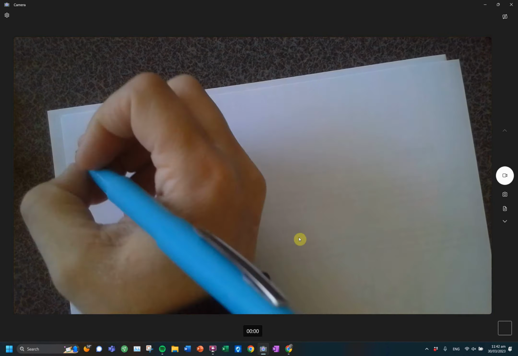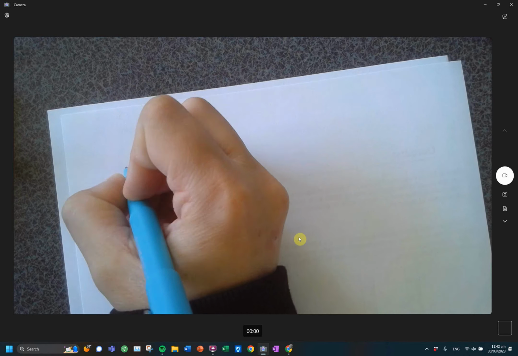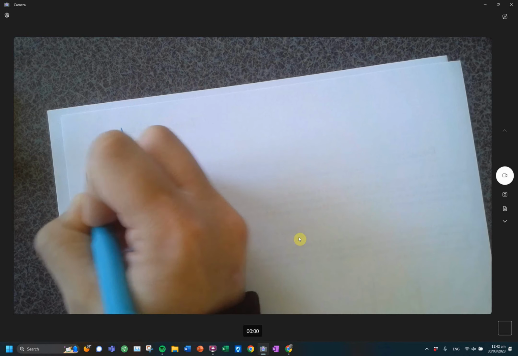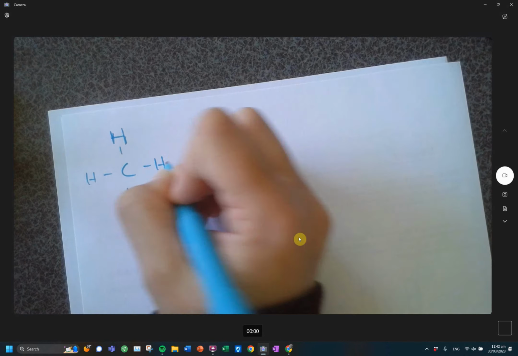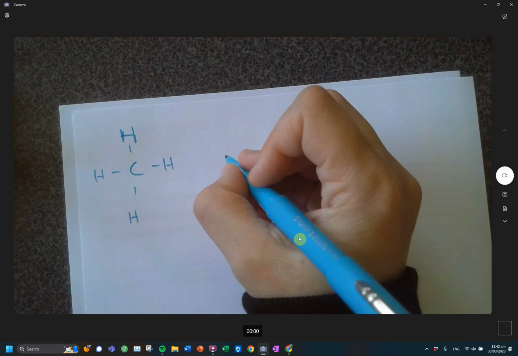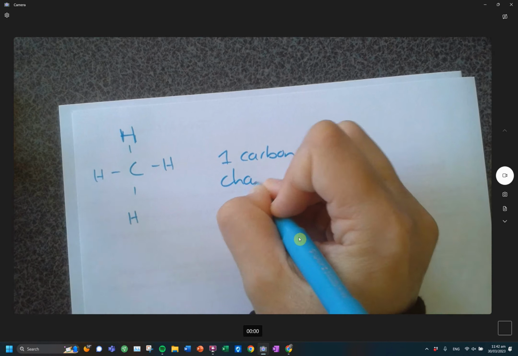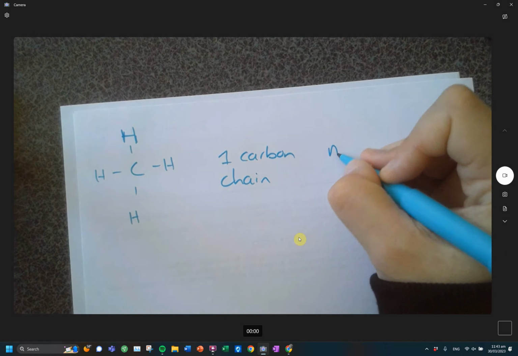Say, for example, if I only have one carbon and the rest are all filled with hydrogen, that's a one carbon chain. And I will call that methane.